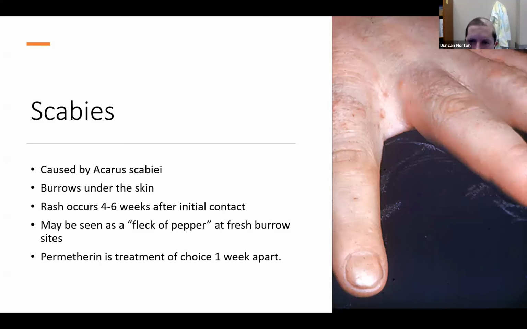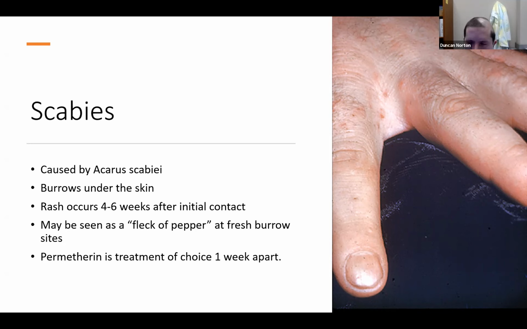Next is scabies. It's very common. This can occur in any demographic or socioeconomic class. They're very infectious. They typically burrow under the skin, which is what causes intense pruritus.